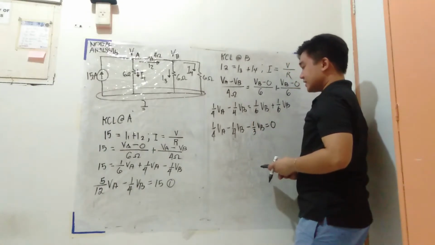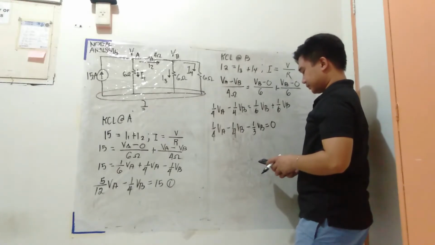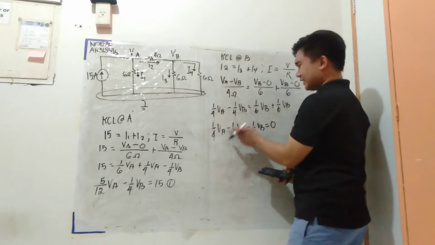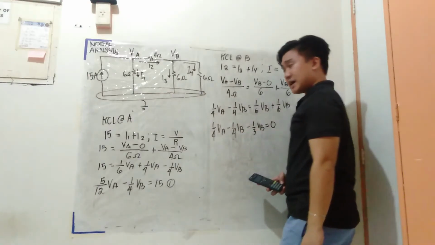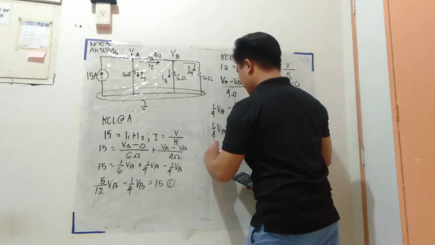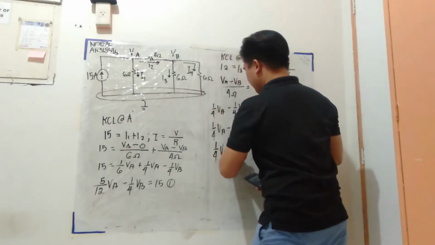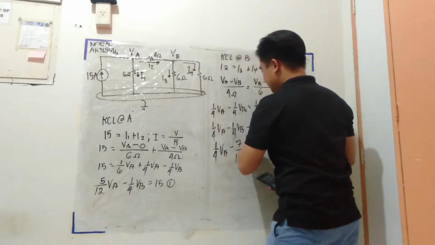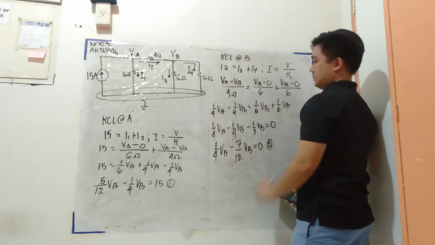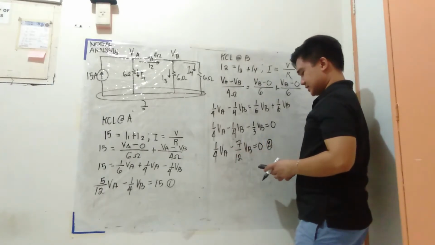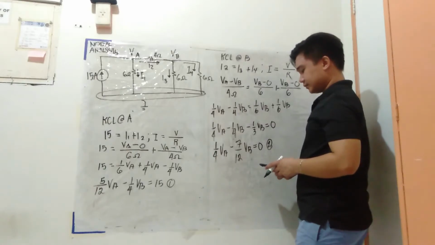So, negative 1/4 plus negative 1/3, that is equal to negative 7 over 12. So 1/4 VA minus 7 over 12 VB equals 0. So equation 2. I have now two equations. So pasok ko lang sa calcu.